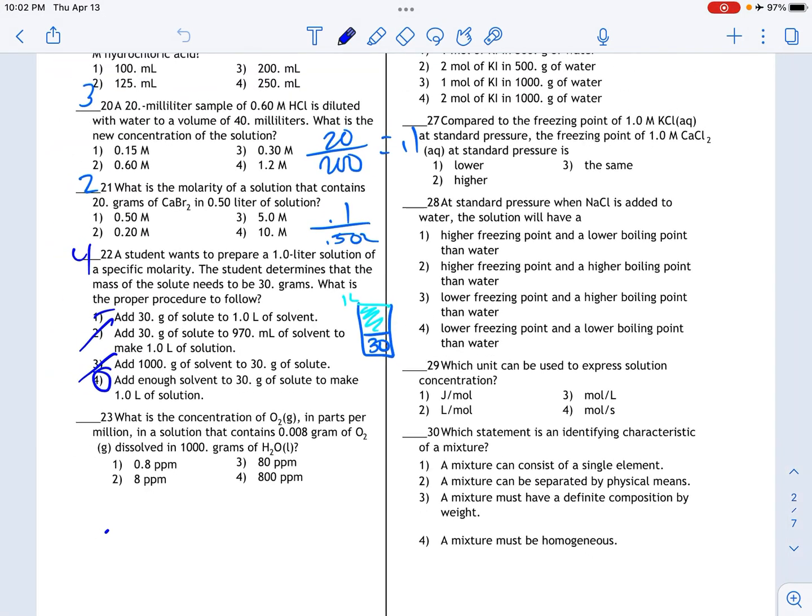So we're looking for parts per million: mass of solute over the entire thing times a million. 0.008 divided by 1,000 times a million is 8 parts per million. There you go.